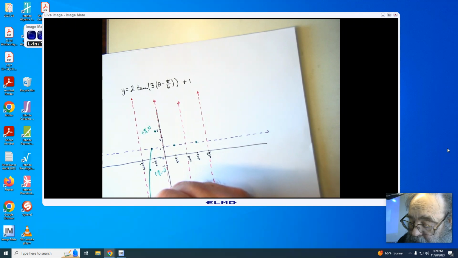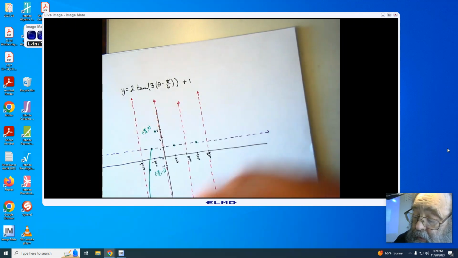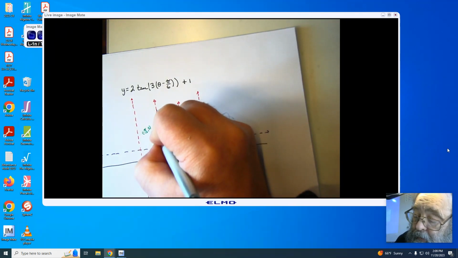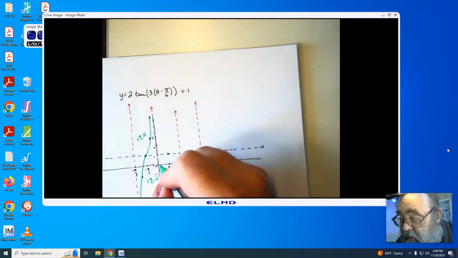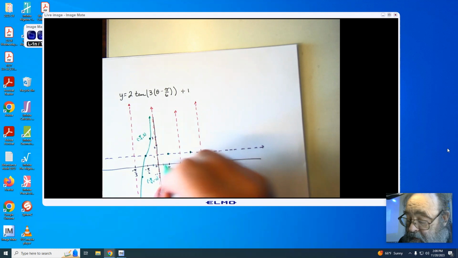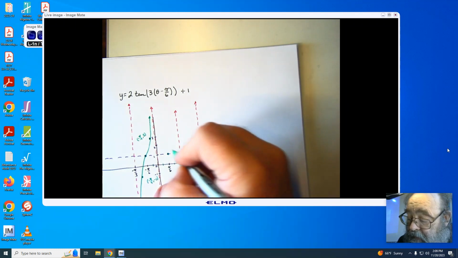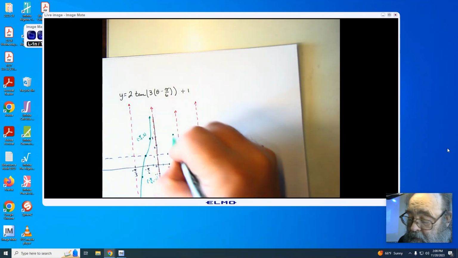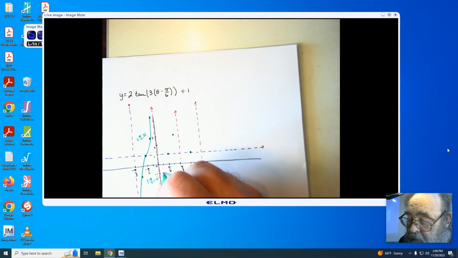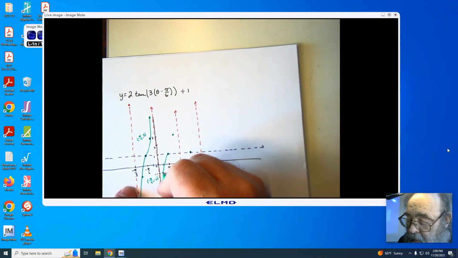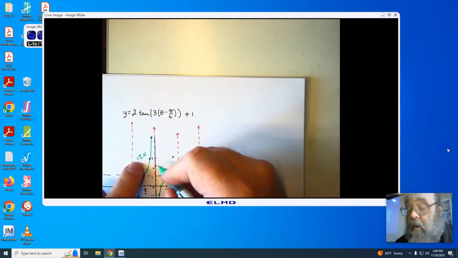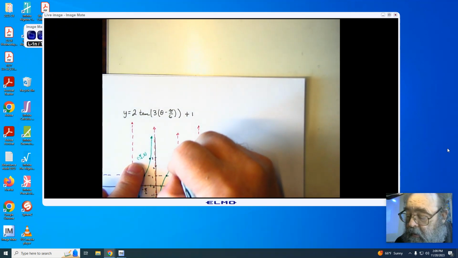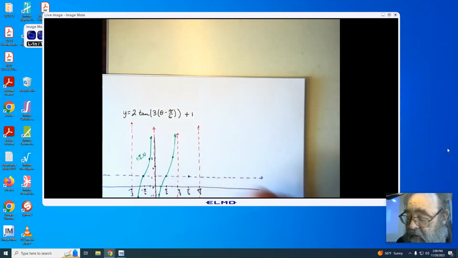Concave down, approaching my asymptote. Concave up, approaching my asymptote. And I'm now ready to do pi over 12 on this side, pi over 4 on that side. Concave down, approaching the asymptote. Continuing, concave up, approaching the asymptote.